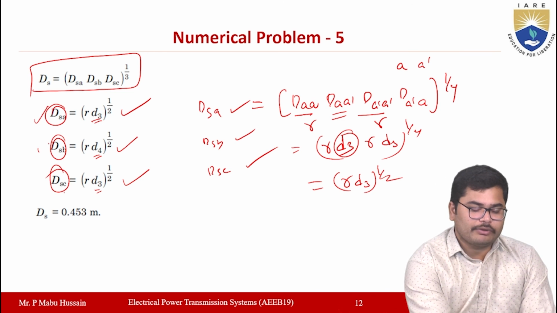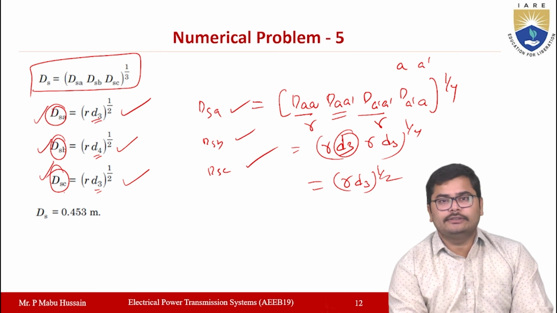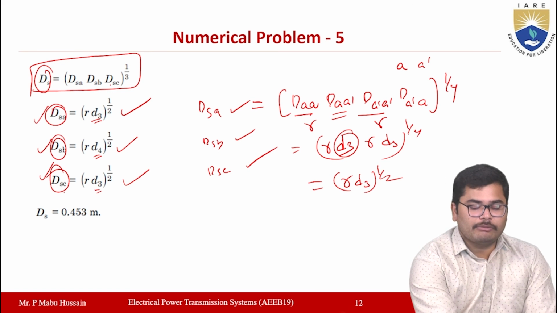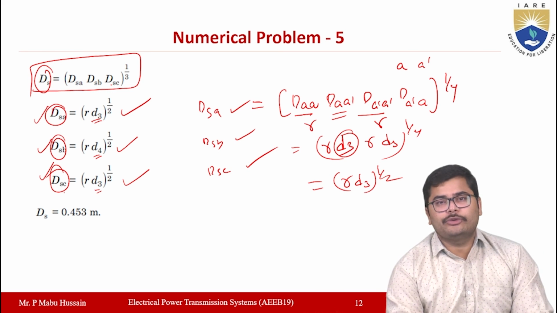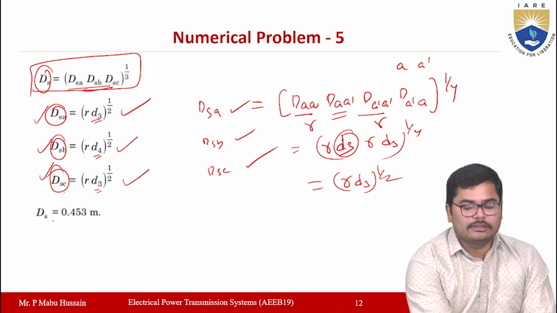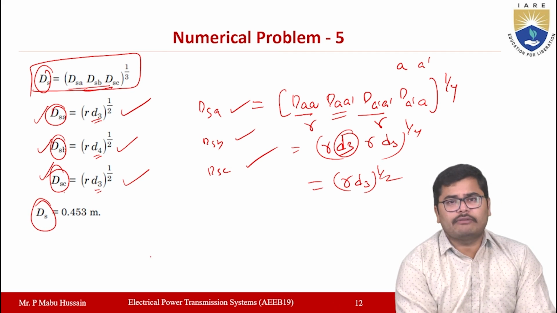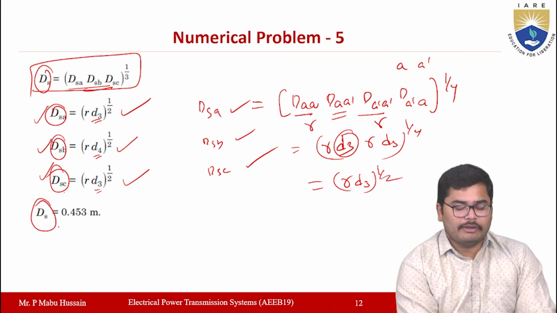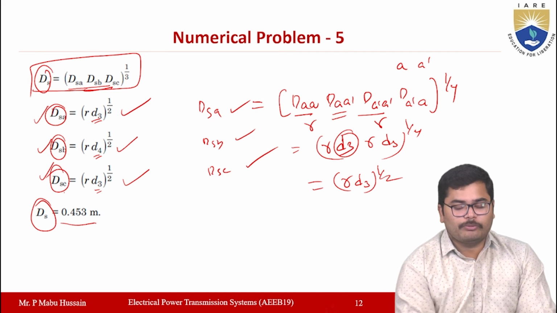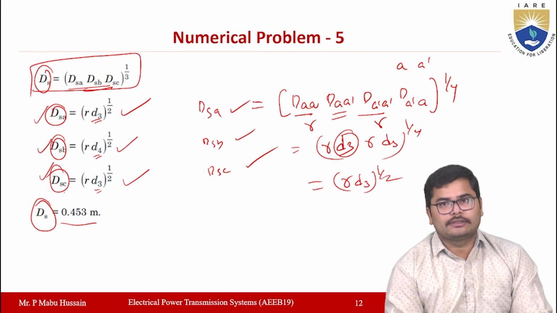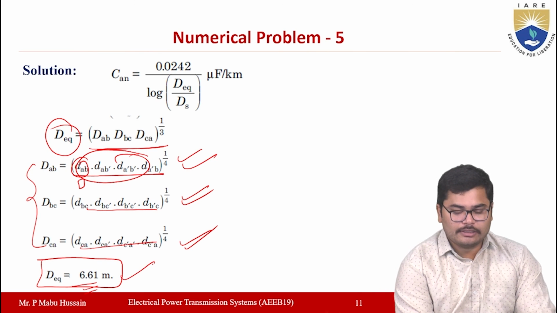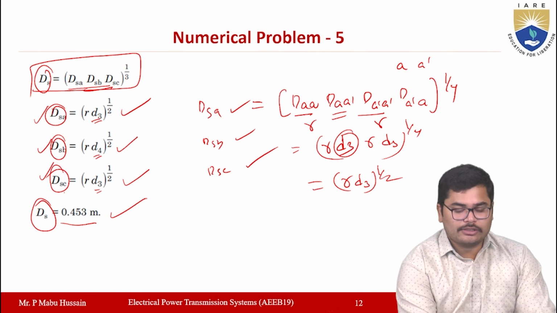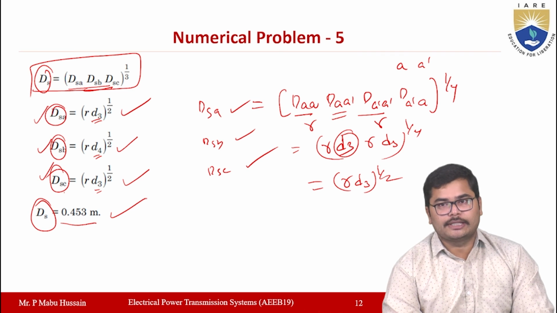Once you get these values, DS will be equal to (DSA into DSB into DSC) whole to the power of 1 by 3. You substitute all the values here, and finally I am giving here the value DS equal to 0.453 meters. So D equivalent is 6.61 meters, DS is 0.453 meters.